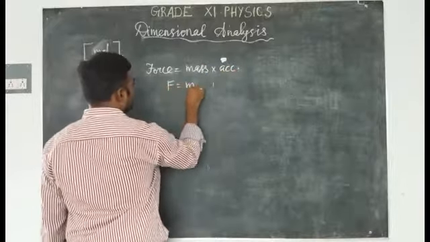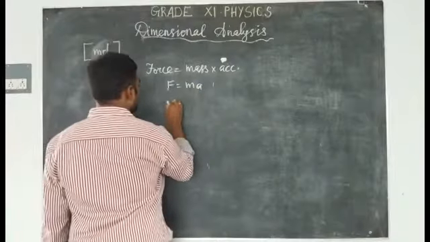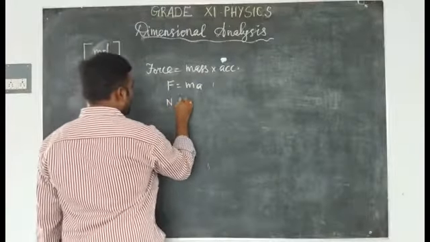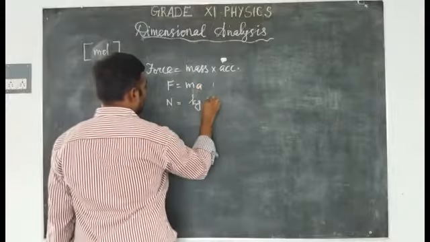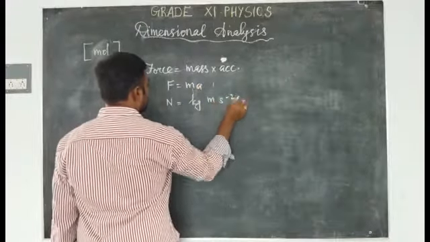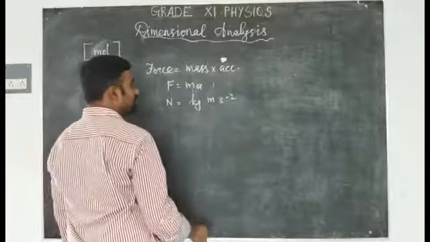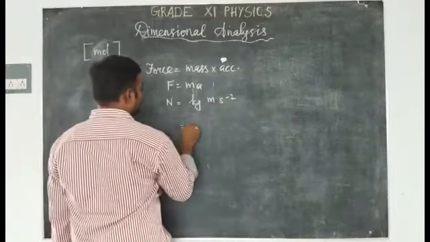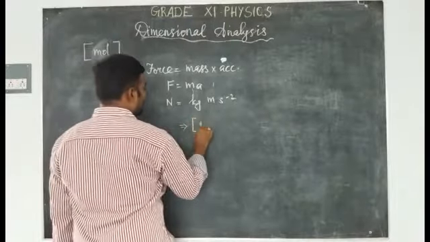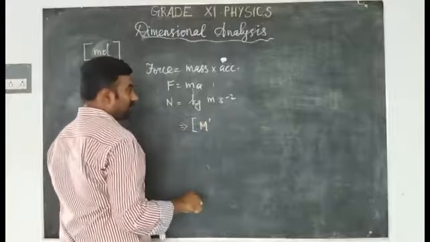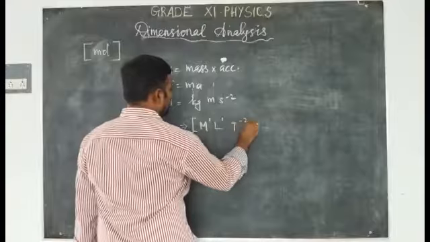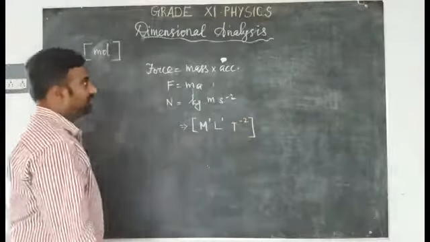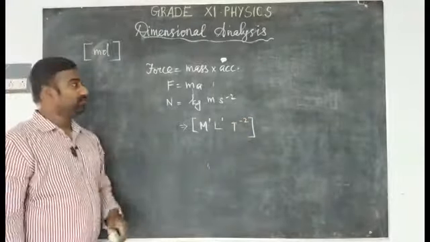So F is equal to ma. The unit of force is Newton, kilogram is the unit of mass, and meter per second square is the unit of acceleration. Now you can set the dimensional formula for force. Kilogram is there, so M power 1, and meter, so L power 1, and T power minus 2. So this is the dimensional formula for force.